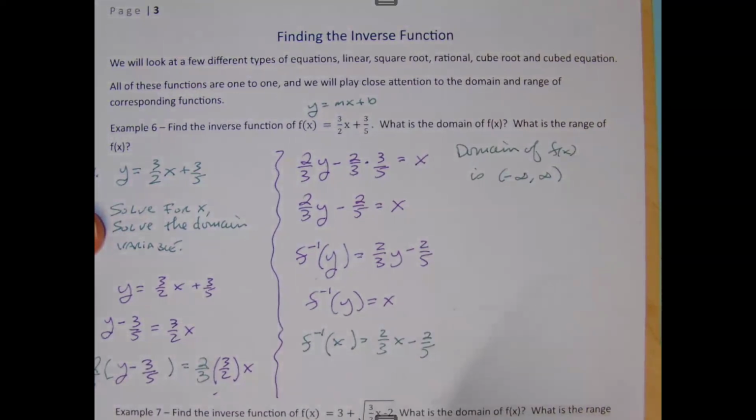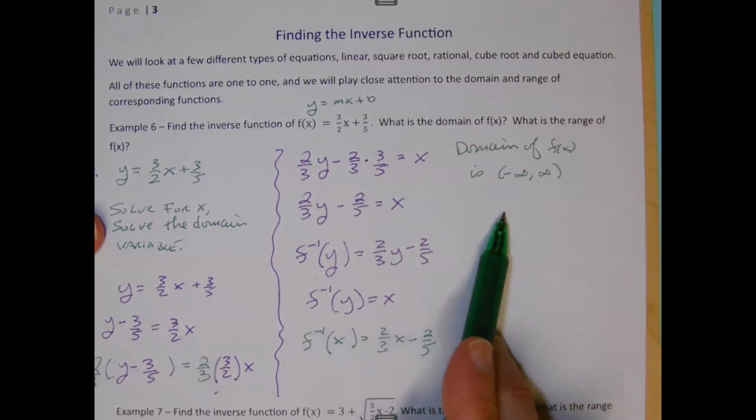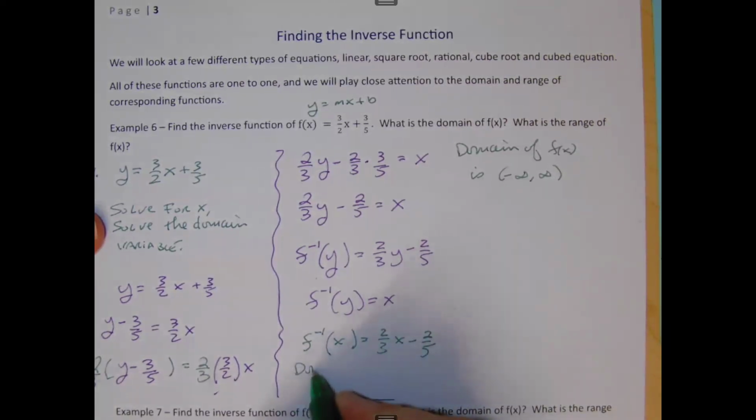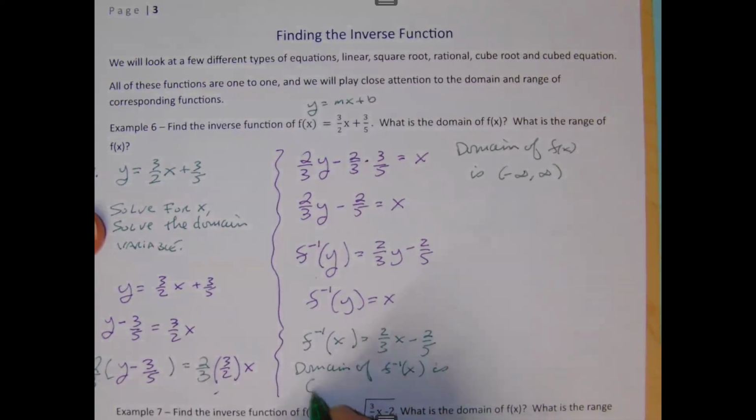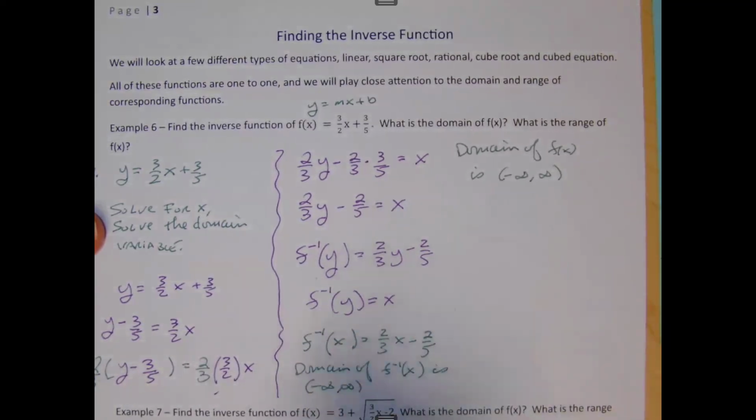Now, what's the range of f of x? Well, this one's an easy one, but all I need to do is look at my inverse operation. I can see the inverse function is also a linear equation. So remember, the domain of this inverse is the range of f of x. So domain of f inverse of x or y, I'm guessing right over here, is negative infinity to infinity also.